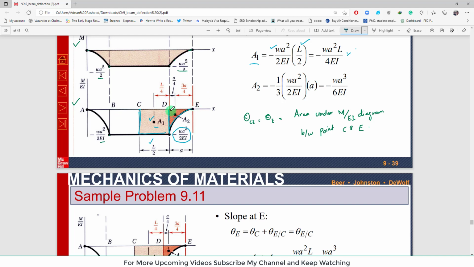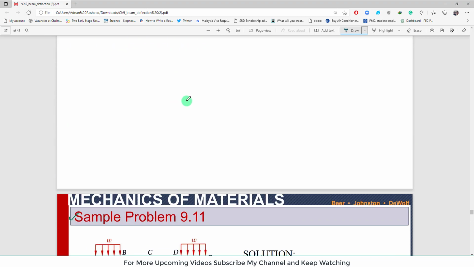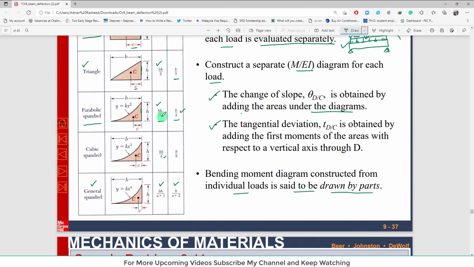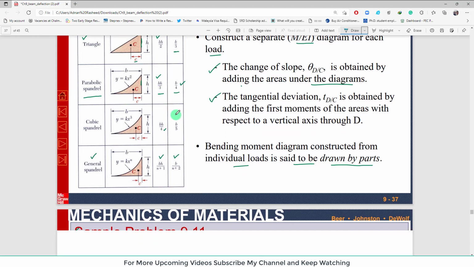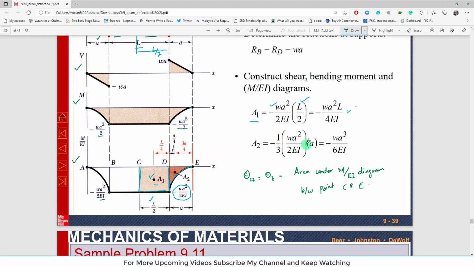Now A2 is parabolic, so you can see that the area of a parabola is represented as bh over 3, clear, bh over 3. So b is this, breadth is a, clear, and h is this, again the same. This is b, breadth, this is height, and 1 over 3, and the minus sign is again for the downward area.